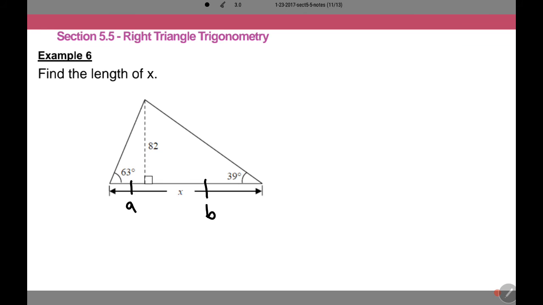Then we can still use right triangle trigonometry because we've got a right angle in the middle of the triangle.